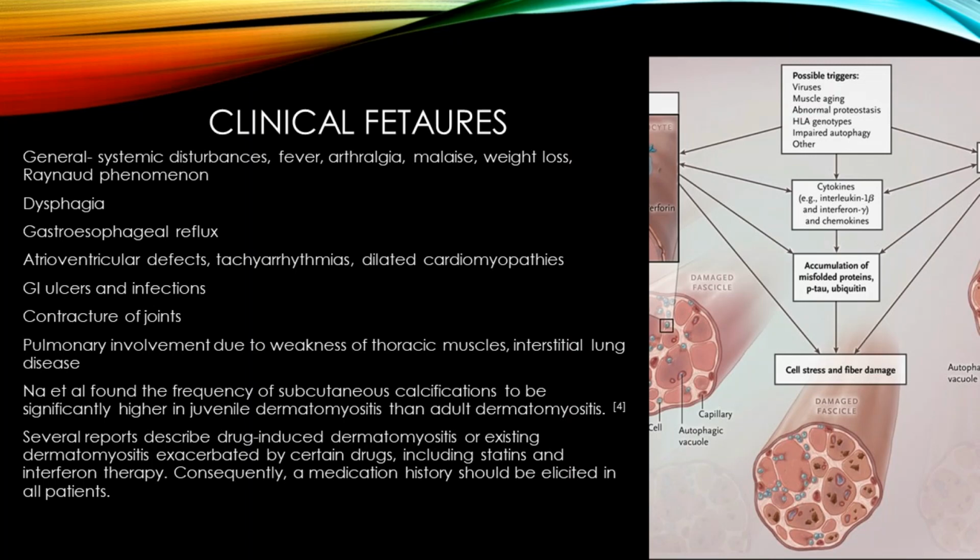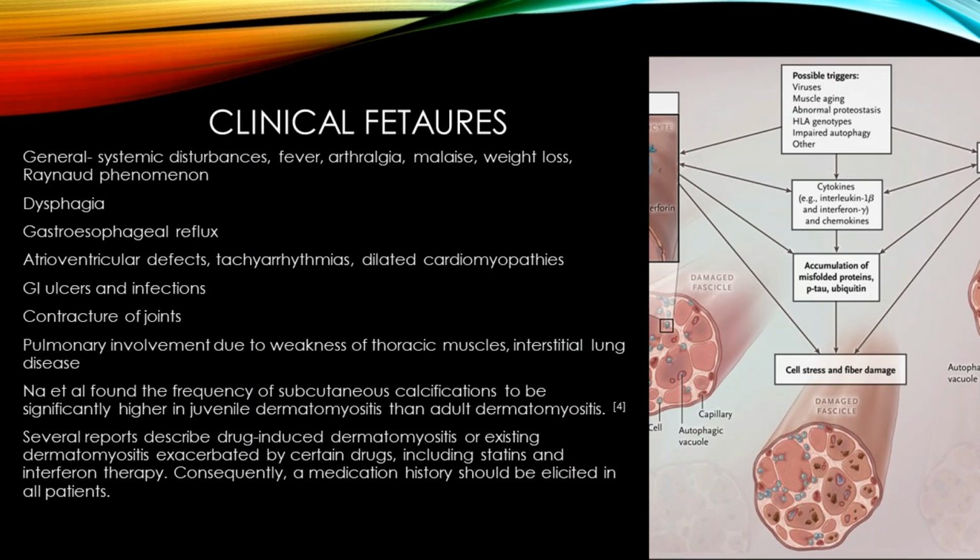Pulmonary dysfunction is due to weakness of the thoracic muscles, interstitial lung disease, or drug-induced pneumonitis, for example from methotrexate, which may cause dyspnea, non-productive cough, and aspiration pneumonia. Interstitial lung disease may precede myopathy or occur early in the disease and develops in up to 10% of patients with polymyositis or dermatomyositis, most of whom have antibodies to tRNA synthetases as described below.